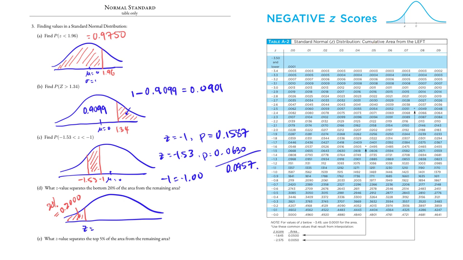Since the area that we're looking for is in between, we will settle for the number in between, which is the average of the two numbers. If we take negative 0.84 and add negative 0.85 and divide by 2, we will get negative 0.845. So the z-score that will separate the bottom 20% from the top 80% is negative 0.845.